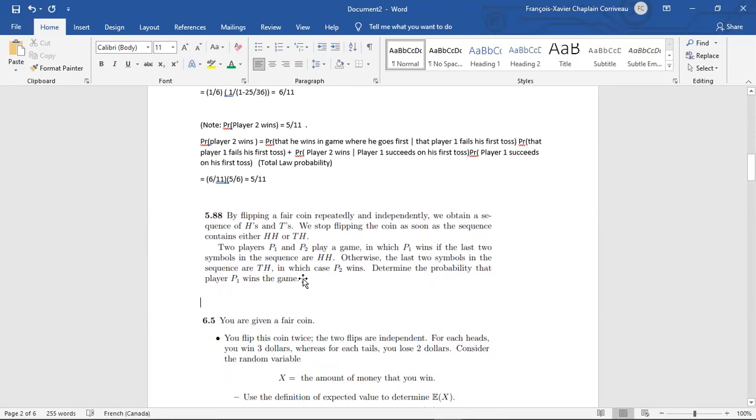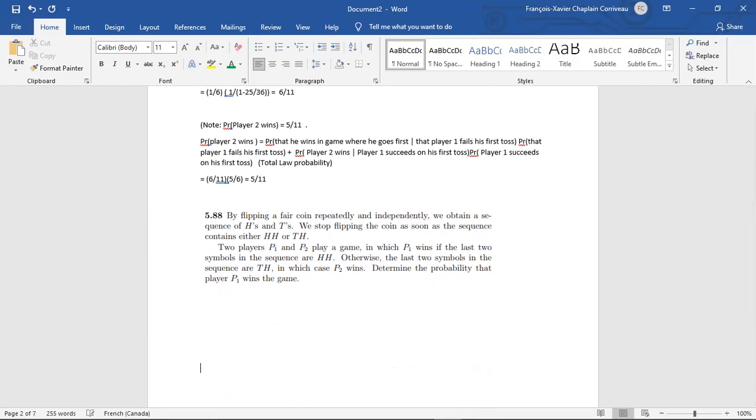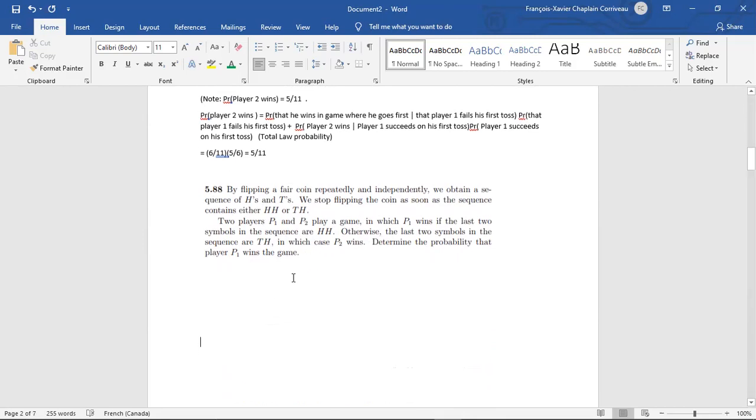Okay, next question. Almost the same identical question. So we'll just have to change a few things. By flipping a coin repeatedly and independently, we obtain a sequence of heads and tails. We stop flipping the coin as soon as the sequence contains head-head or tail-head.